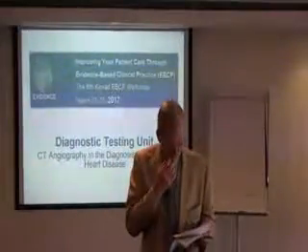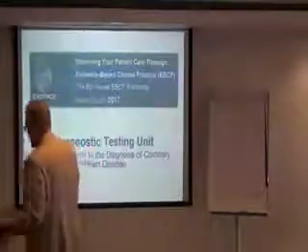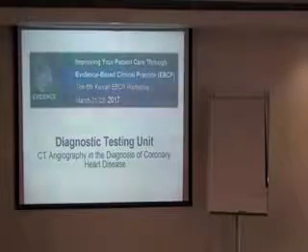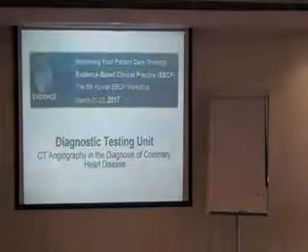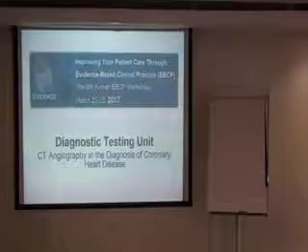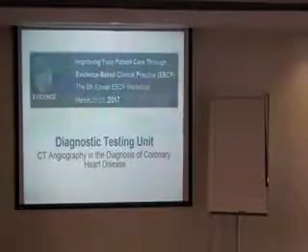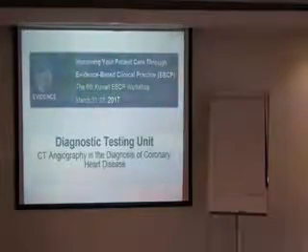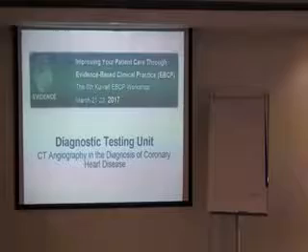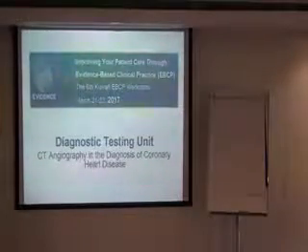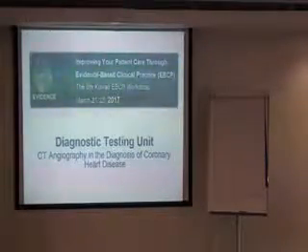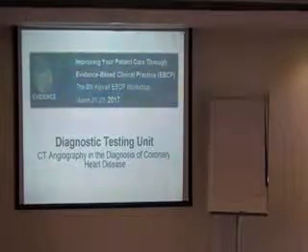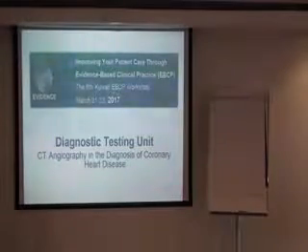Okay, so that's how you frame this kind of question in that framework. Here's how it goes. The population is chest pain, let's just say, the test is CT angiography, and the gold standard is coronary angiography, all right?